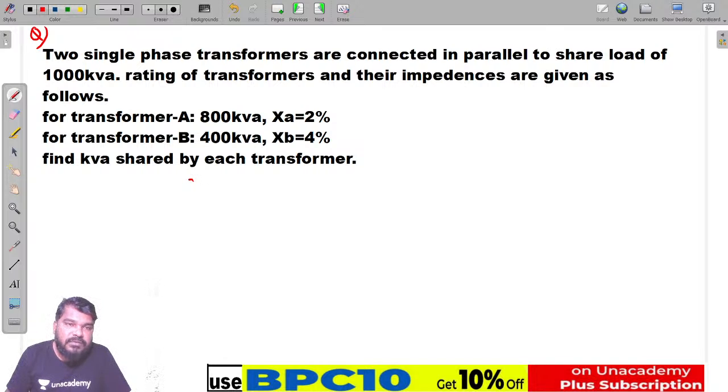Given that the load kVA is equal to 1000 kVA.